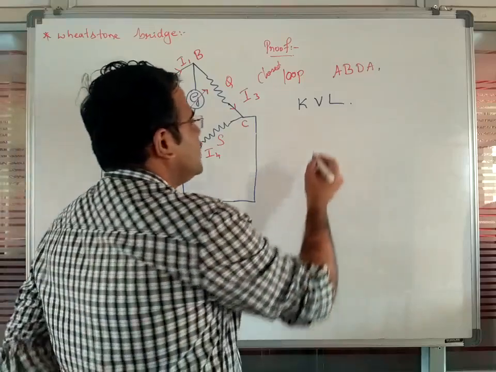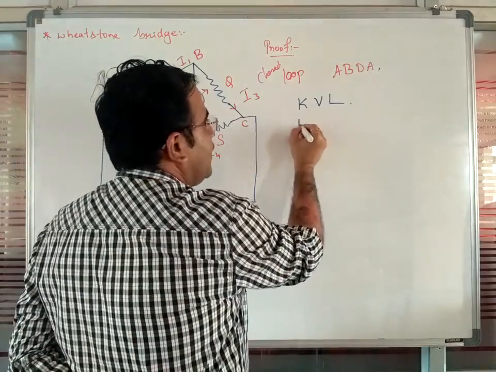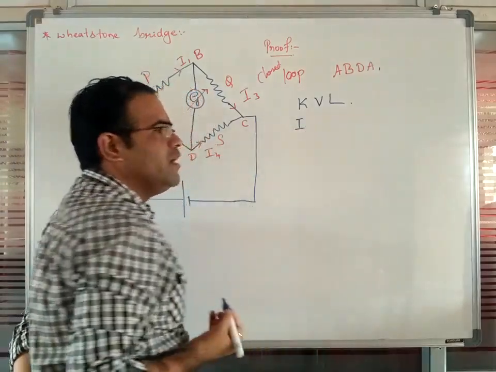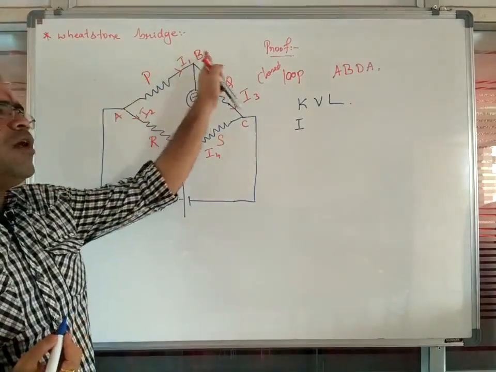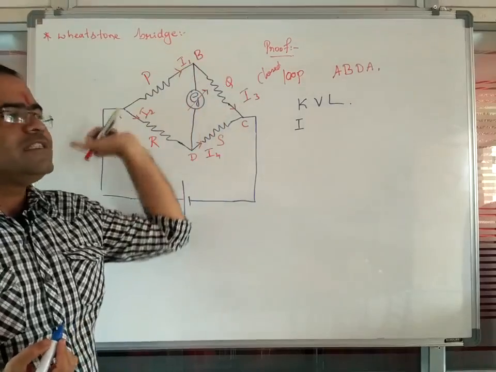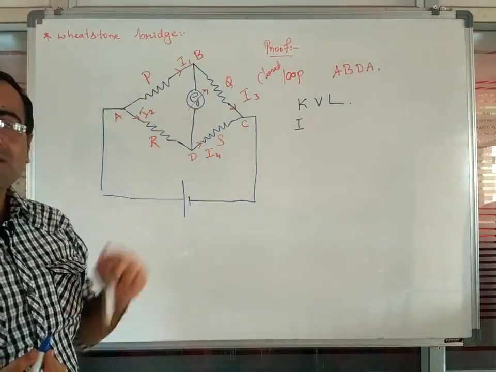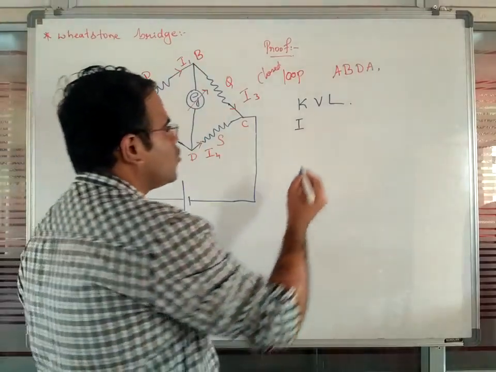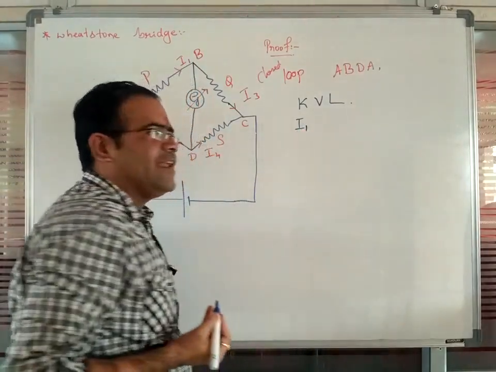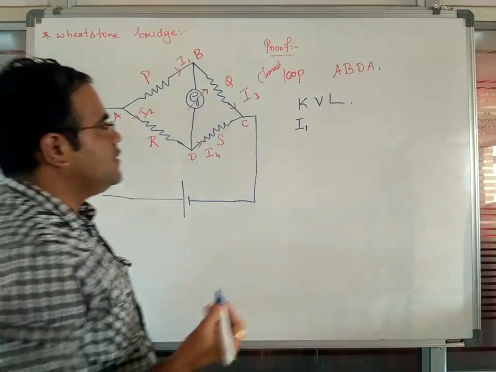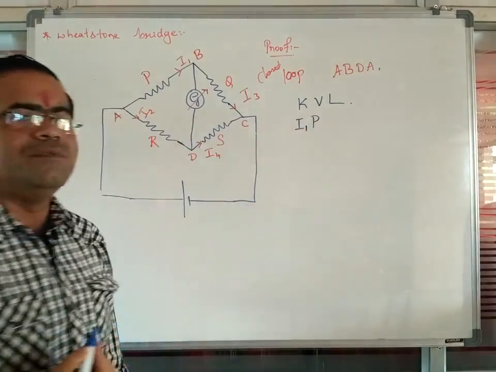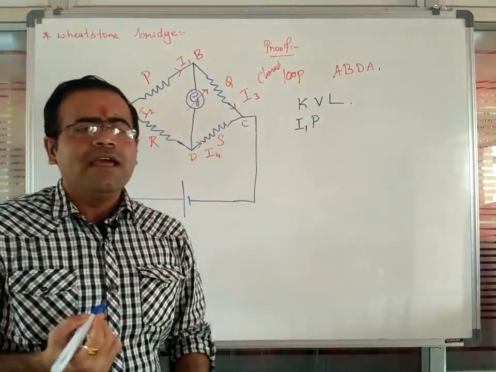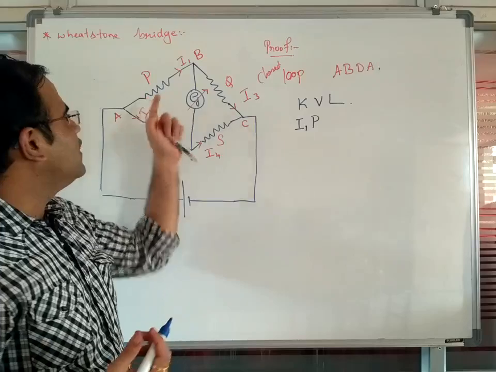In the first branch AB, from point A to point B, you are going to observe I1 as the electric current, and P is the amount of resistance here.